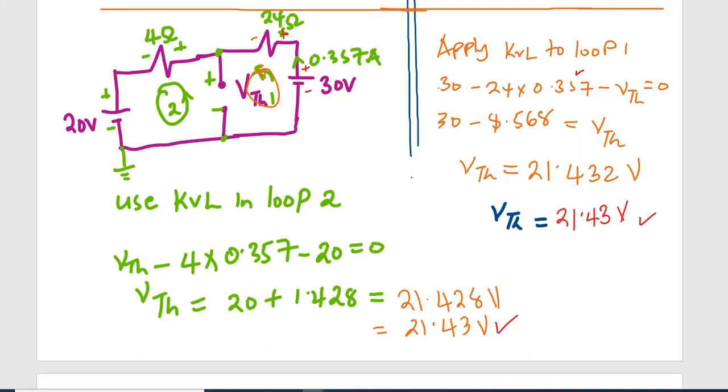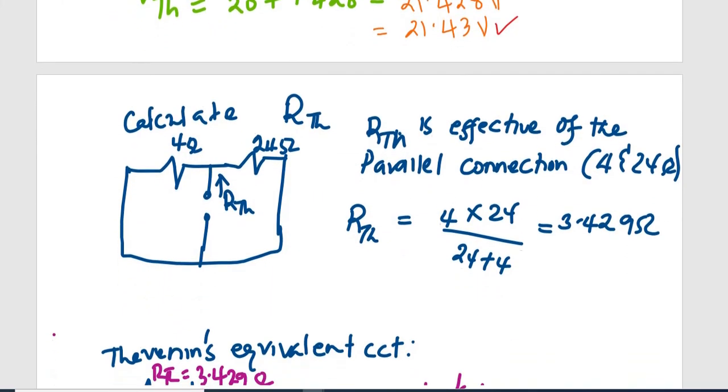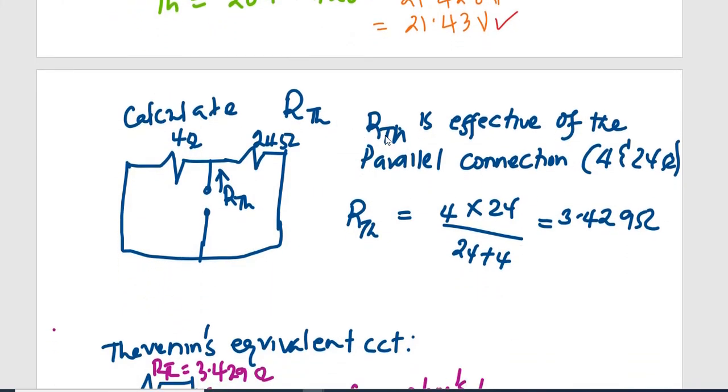Now, Thevenin voltage is obtained. Our task now is to find the R Thevenin. So calculate RTH, which is the effective of the parallel connection. When you look through in between here, you see as if current flows this way and also that particular branch. Therefore, the 4 and 24 ohm resistors are parallel.